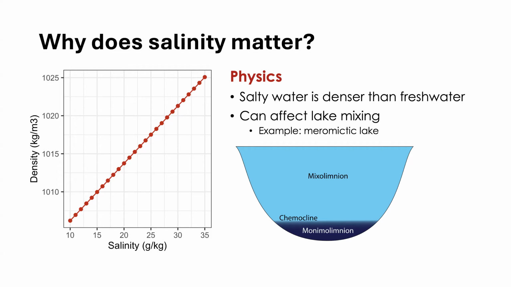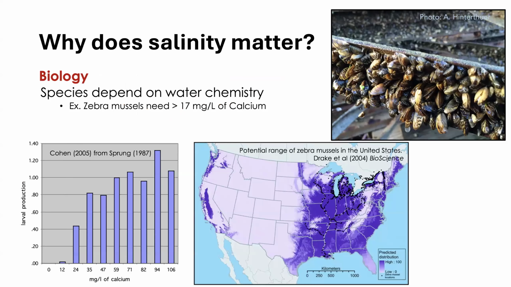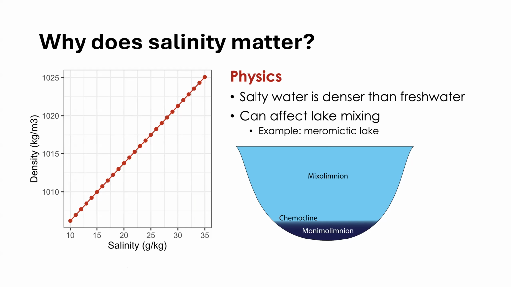This is something that we have seen happen in the Midwest. There are some documented lakes in Michigan where they received so much road salt that they became what we call meromictic, where the bottom is just not mixing with the surface. That then creates a problem for habitat, nutrient cycling, a whole lot of things when you're not fully refreshing the water at the bottom.